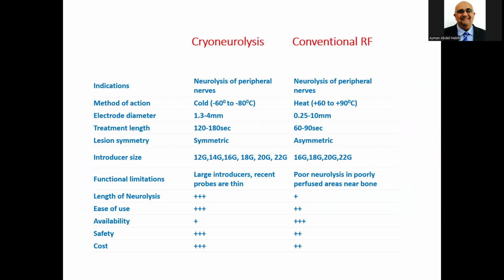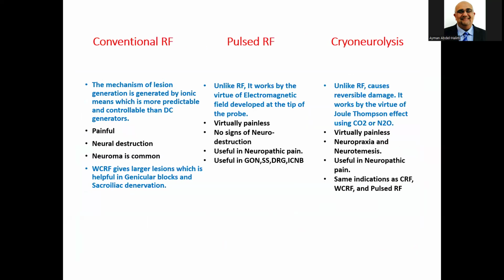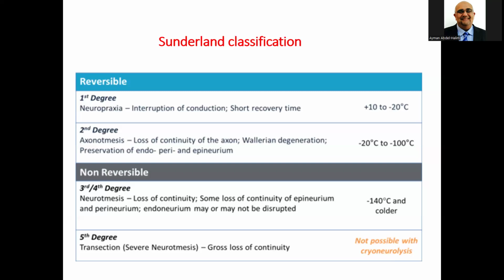Cryoneurolysis versus conventional radiofrequency. Cryoneurolysis of peripheral nerves, method of action cold, minus 60 to minus 80. Remember, from the Sunderland classification, this will lead only to a neuropraxia or axonotmesis, which are reversible.